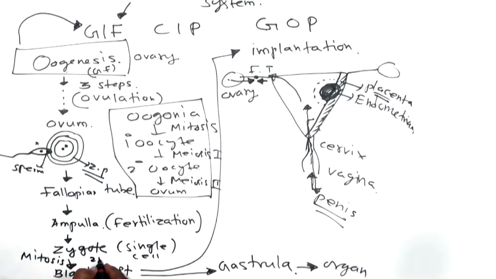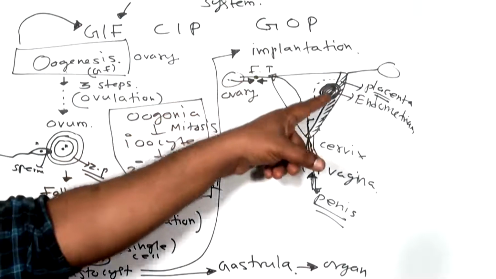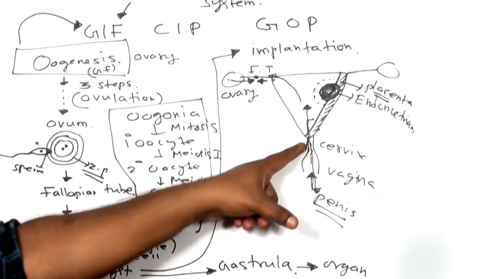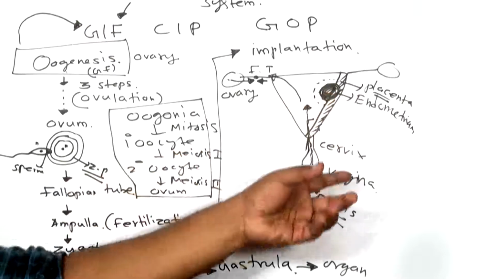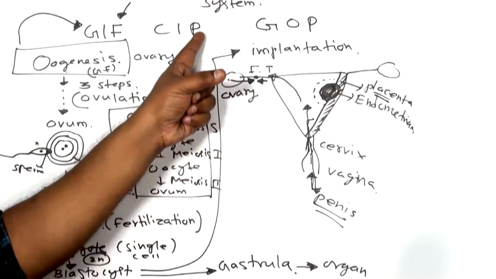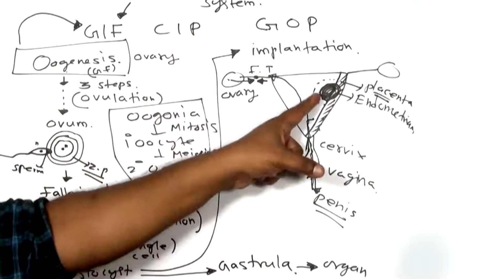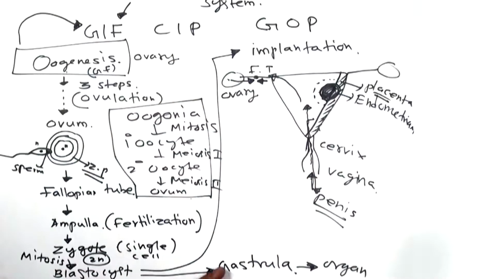The zygote is otherwise called 2N, not N. So that will be formed, and after that it will slowly be converted into multiple cells by blastocyst formation. After the blastocyst formation, they are ready to implant. Once it is implanted in the endometrium, the endometrium is going to form the placenta. After that, they undergo the next stage of cell division called gastrulation.